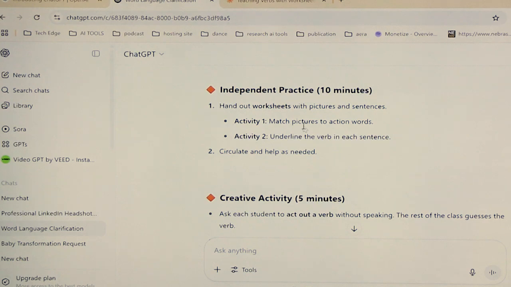Handout worksheets, as I said, are very difficult and time consuming to develop. And maybe most importantly, you cannot tailor them to specific students' levels, or you can, but with a lot of extra work. If you don't have a printer, if you don't have a lot of paper, and a lot of schools are constrained with the resources they have.